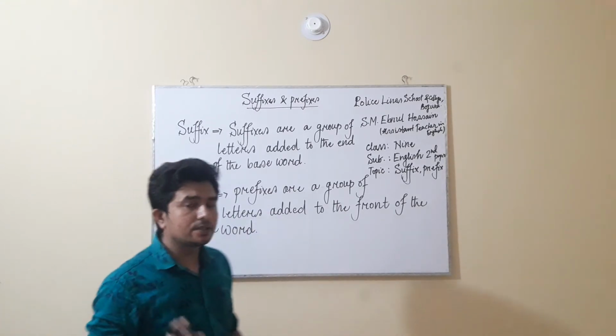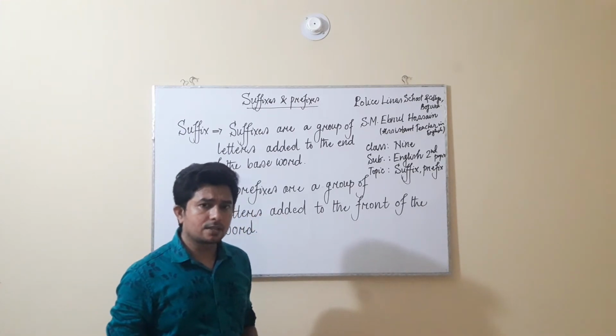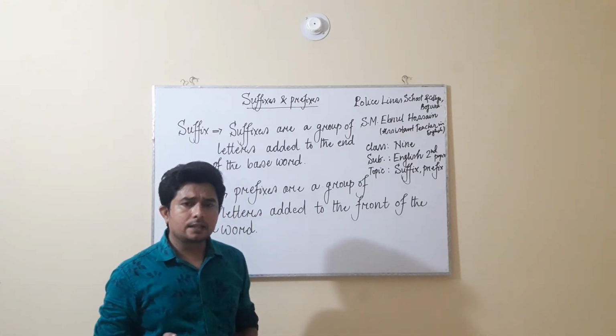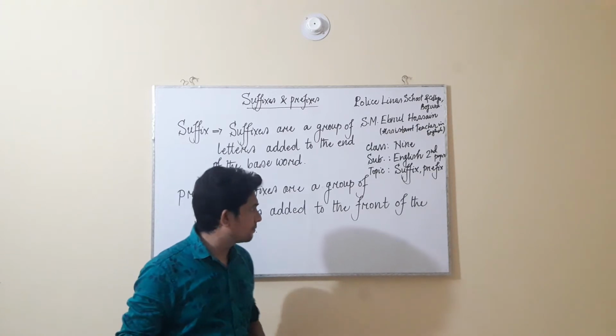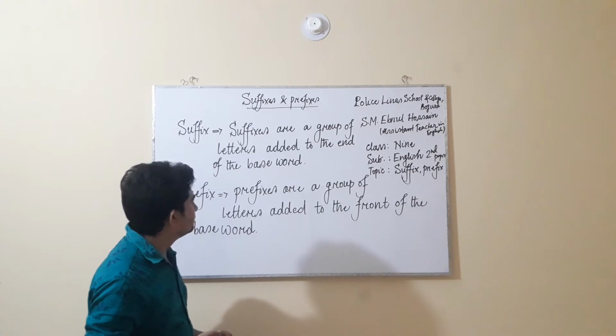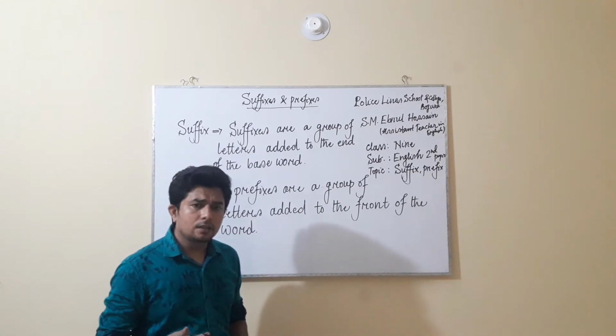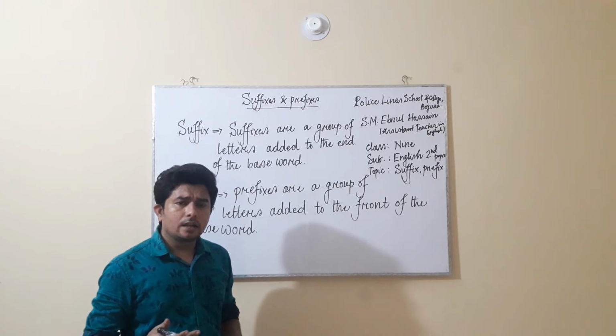So this is the major difference between suffixes and prefixes. A suffix is always added at the end of the existing words, and a prefix is added to the front of the base words.